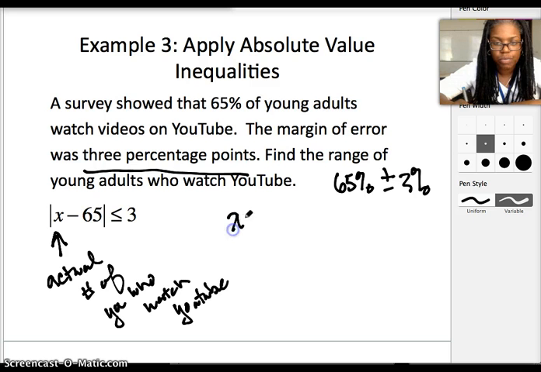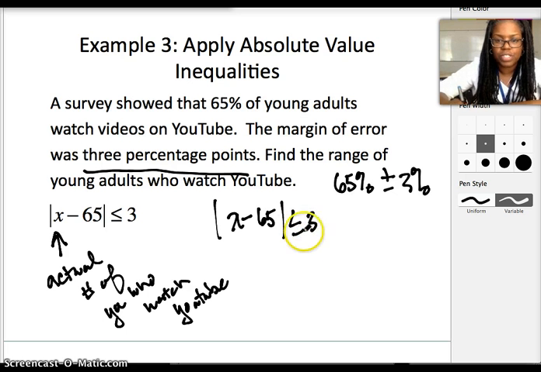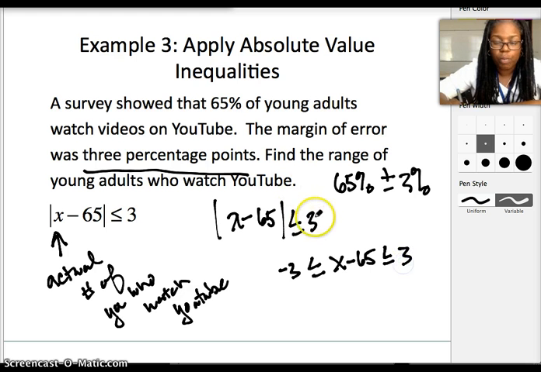And since we recognize that this is one of those problems we had before from example 2, we know that we can solve this by saying this value is between positive 3 and negative 3. So I write it as negative 3 less than or equal to x minus 65 less than or equal to 3. What I want you to notice is that I basically rewrite this, put the same symbol facing the same direction here, and put this number over here, but change the sign.